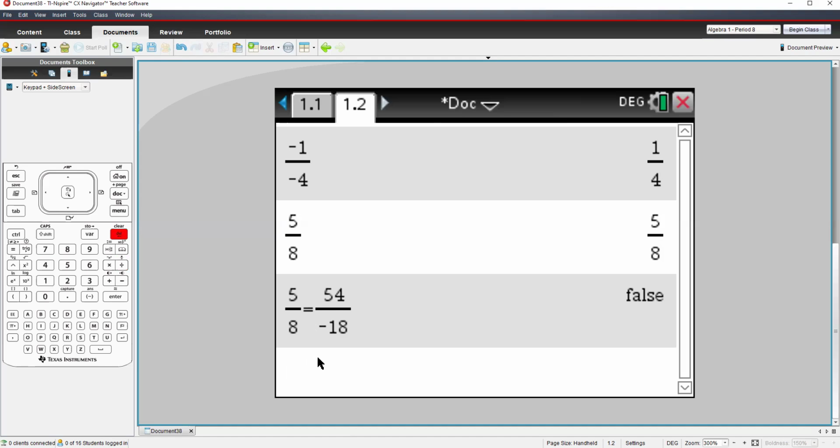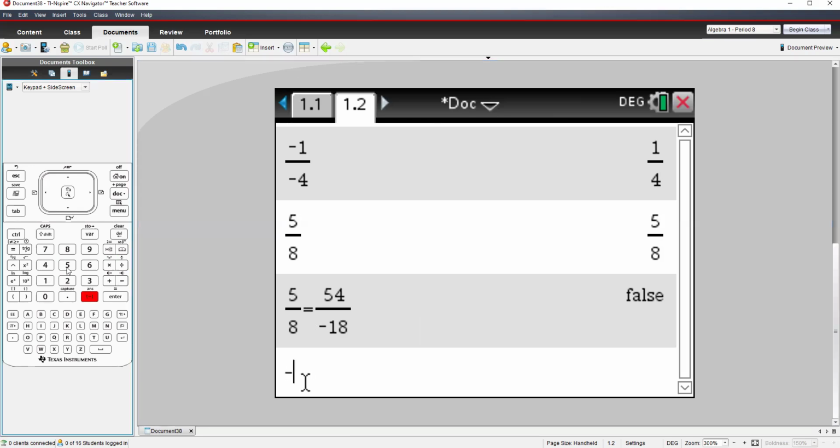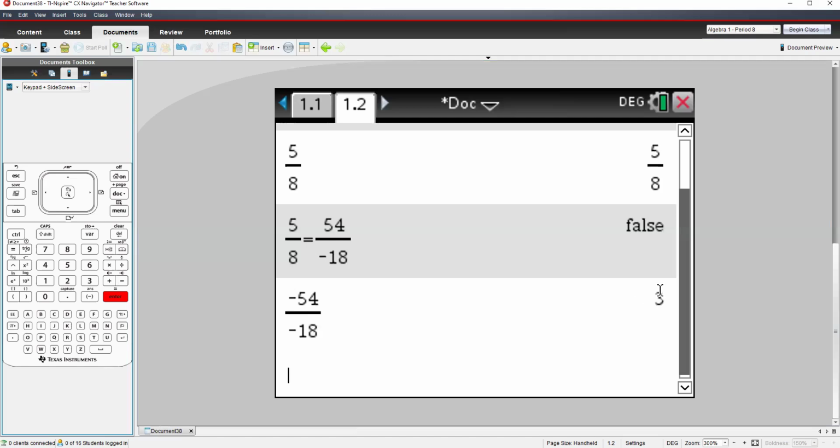Okay, so obviously I've got to use -54 divided by -18, and that gives me a +3. So you can keep checking, but that's the common ratio.